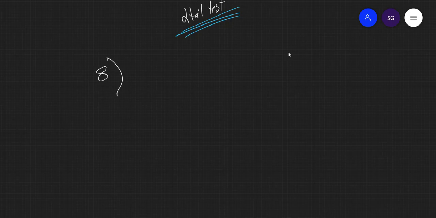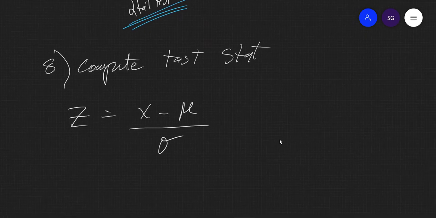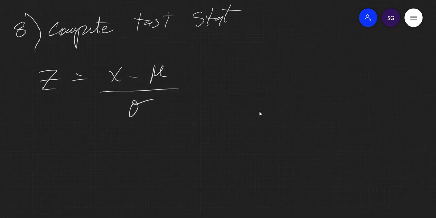What is 8? 8 is compute the test stat. Okay, and here is z, right? So z is equal to x minus mu over sigma. But in this case, we actually have x bar, right? X bar is equal to 540.